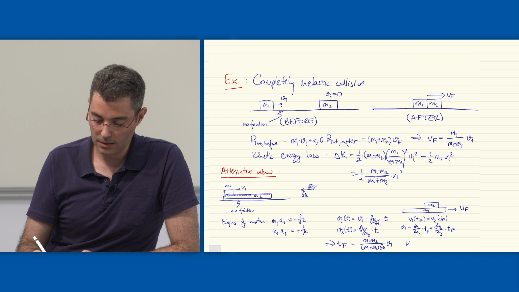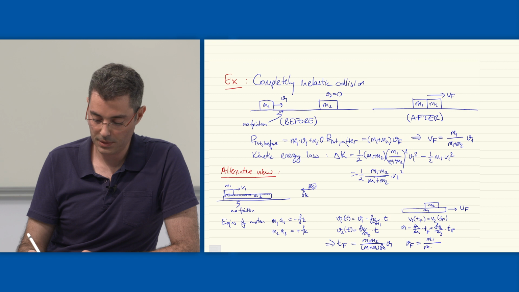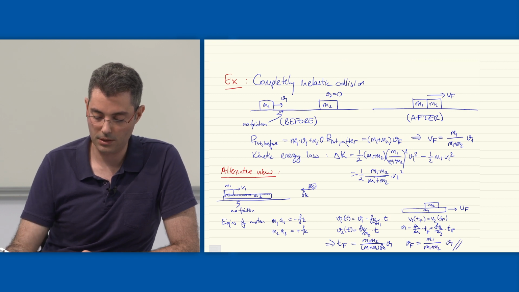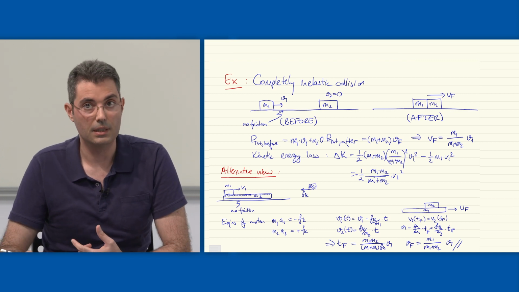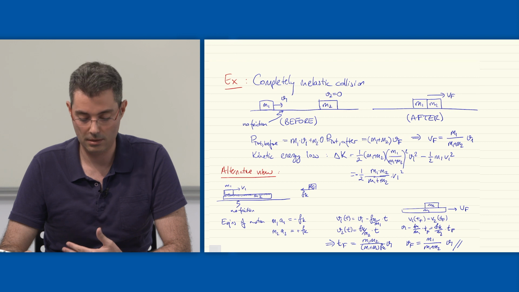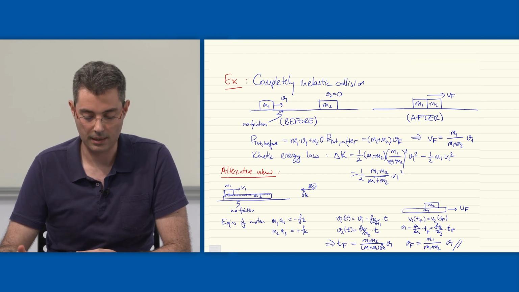And therefore, the final velocity, which we can evaluate using either of these two velocity expressions, is going to be m1 divided by m1 plus m2 times v1. Right, this is the same equation, the same final speed that we obtained before. However, we now assumed a concrete collision dynamics where we could calculate this exactly.